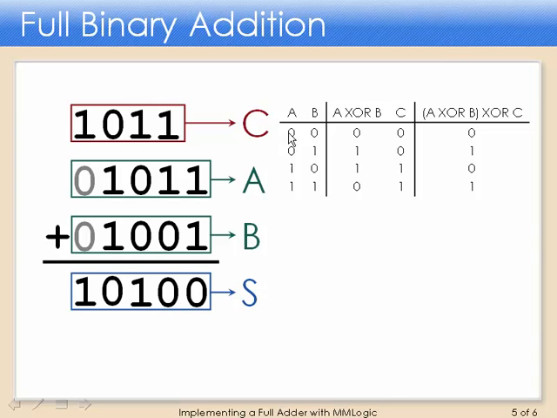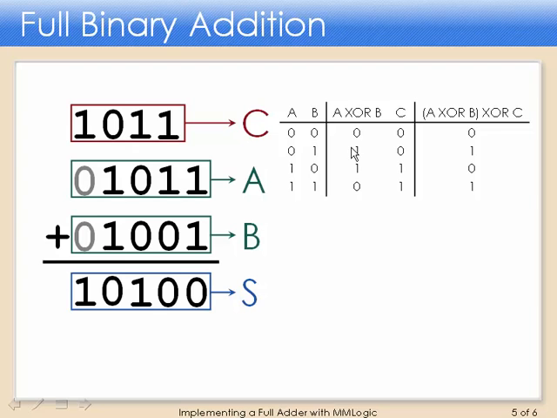Okay, so if you had A and B equal to 0, like we have in column 3, then we would expect A XOR B to equal 0, which is the case, right? If C, the carry digit, were also 0, then the sum you would expect at the bottom of the row would be 0. If A was 0 and B was 1, then you would expect A exclusive OR B to equal 1.